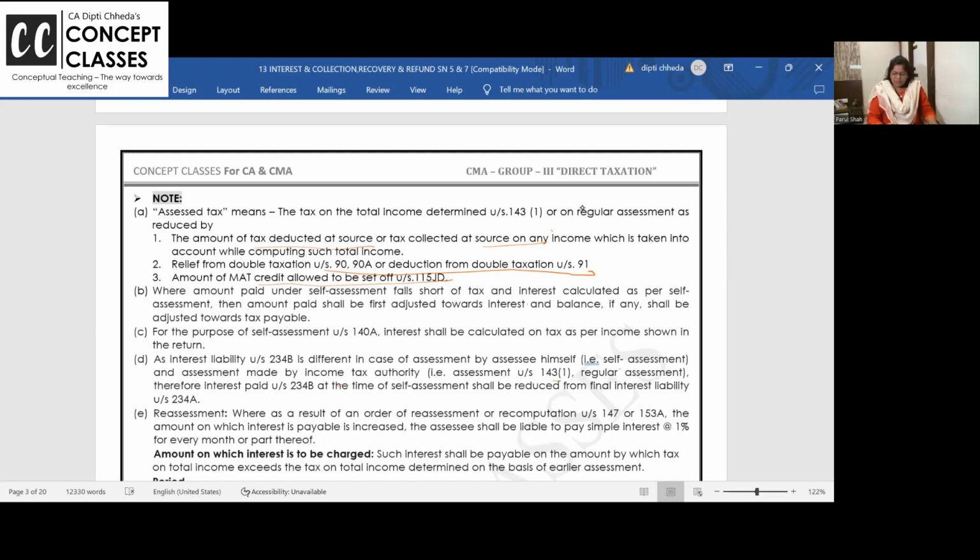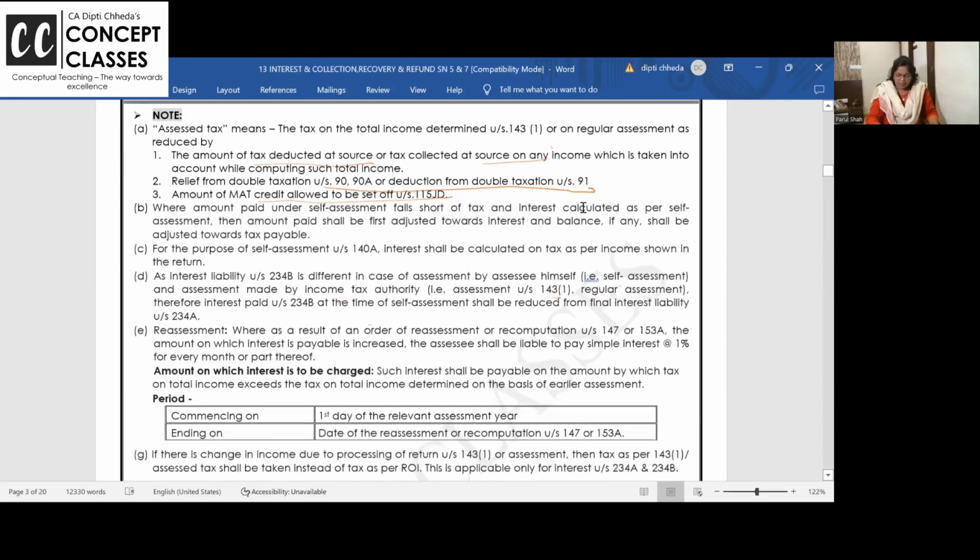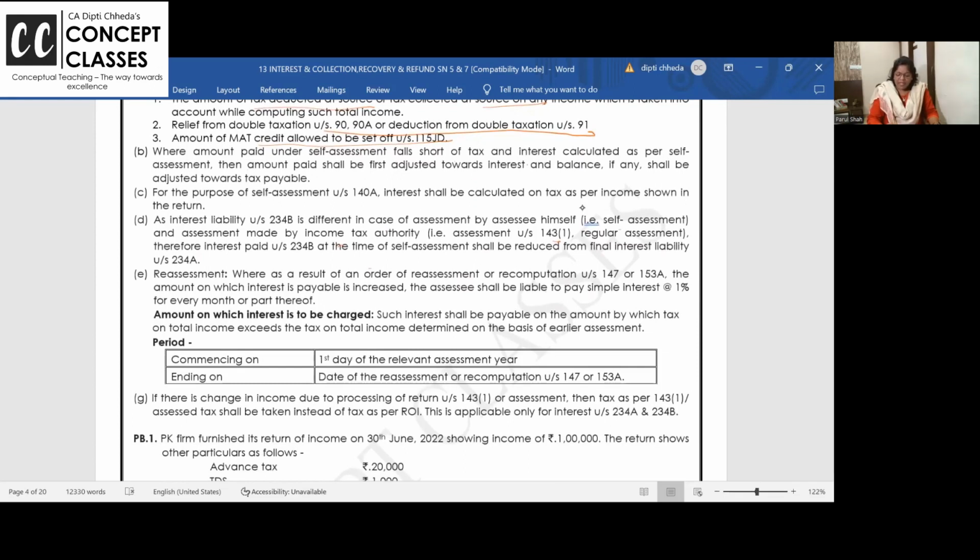Therefore, interest paid under 234B at the time of self-assessment shall be reduced from the final interest payable. This I'll tell you; when we work it out, it will be clear. Where, as a result of an order or reassessment, the amount on which interest is payable is increased, the assessee shall be liable to pay interest. So if your income is increasing because of the assessment, then your interest will also increase.